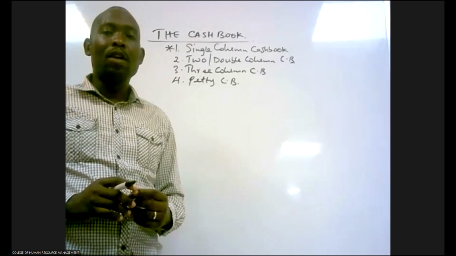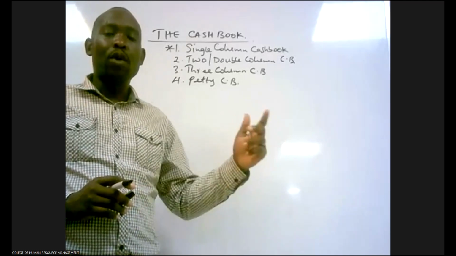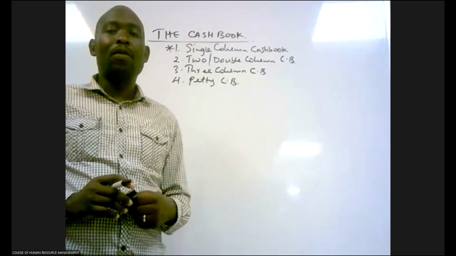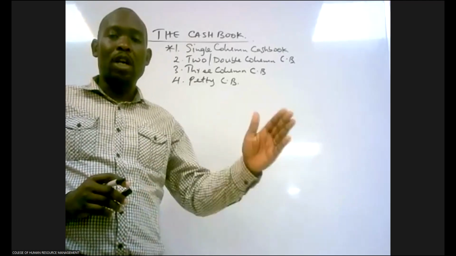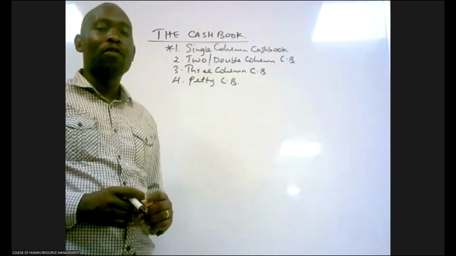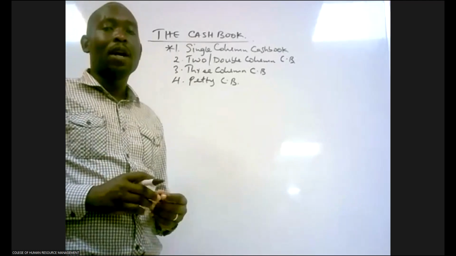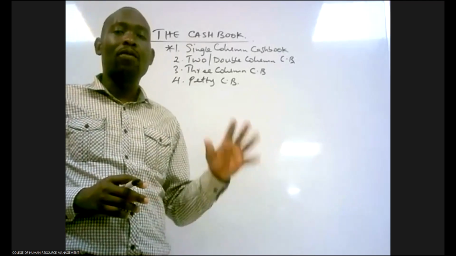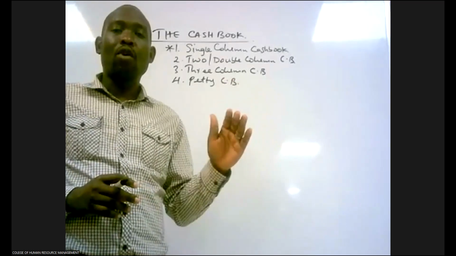When it comes in form of a check, we debit the bank account. When money moves out in form of cash, we credit the cash account. When it moves out in form of checks, we credit the bank account. So the cash and bank accounts in your ledger are simply your single column cash book.